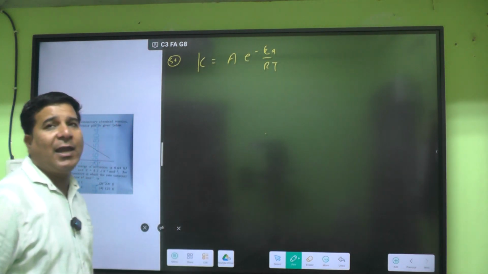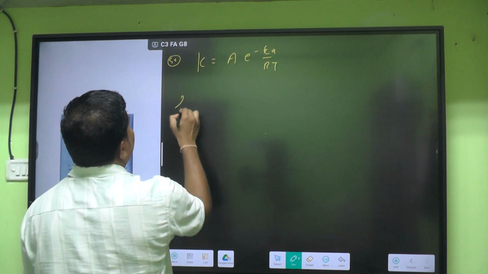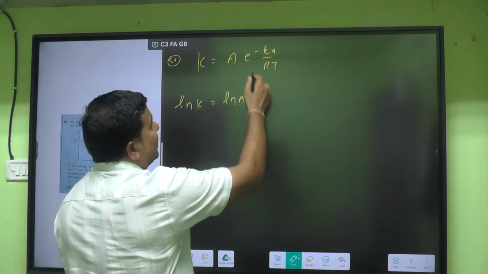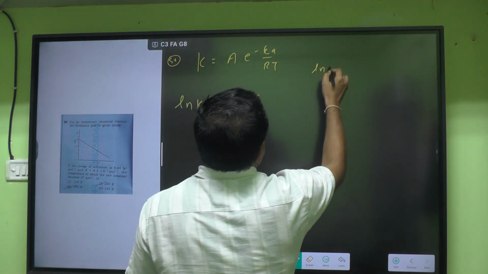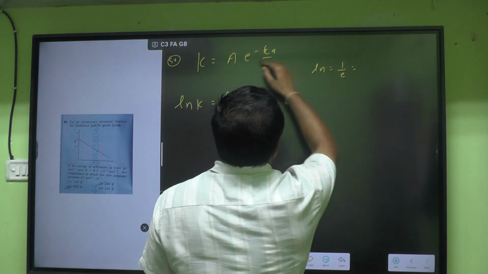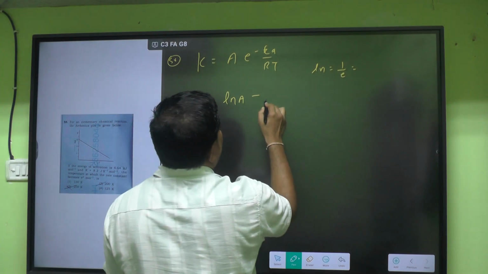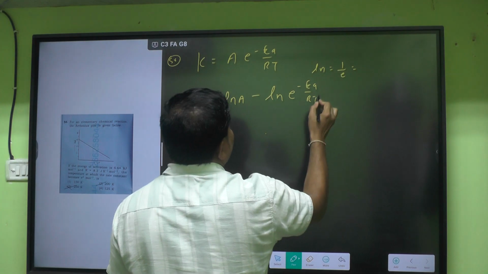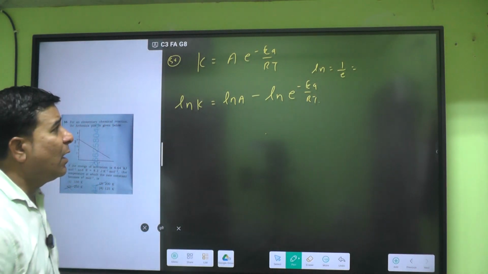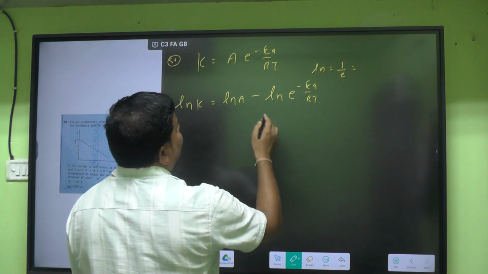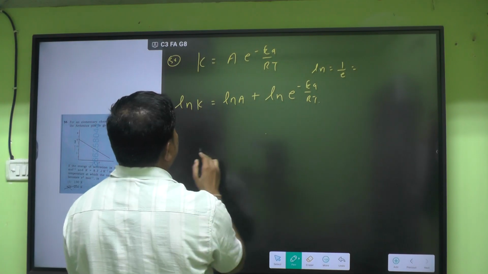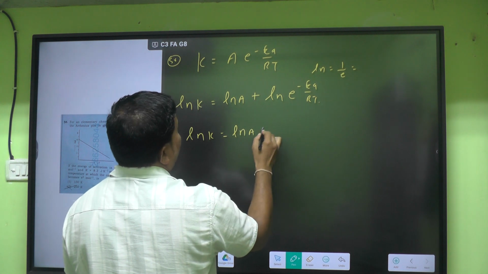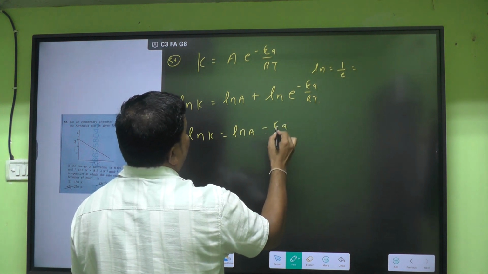So taking ln on both sides, we can write ln k is equal to ln A plus ln e to the power minus E upon RT. Ln e is equal to 1, so ln k is equal to ln A minus E upon RT.